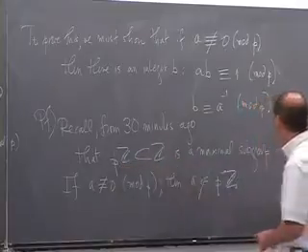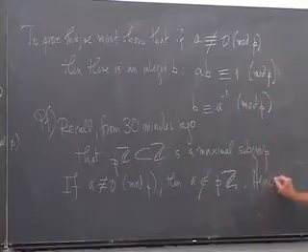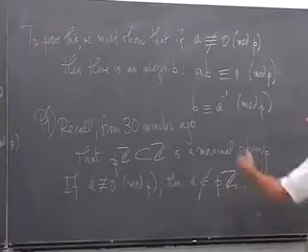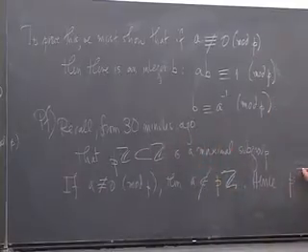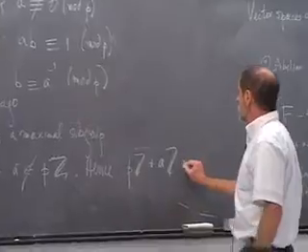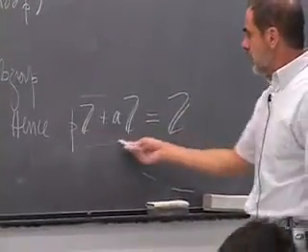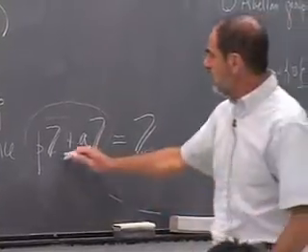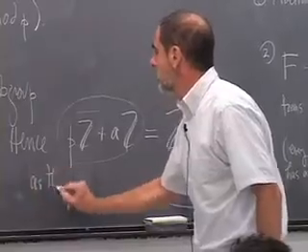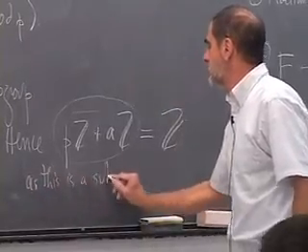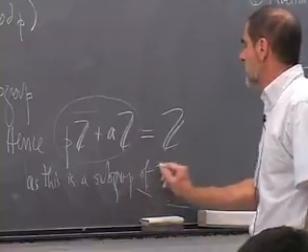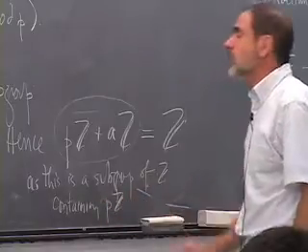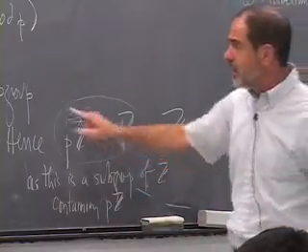Hence, if we adjoin A to this subgroup, we have to get the entire group Z. PZ plus AZ is equal to Z. Because this means all integer multiples of P plus all integer multiples of A. As this is a subgroup of Z containing PZ, but not equal to PZ because it contains the element A, which is not in PZ.